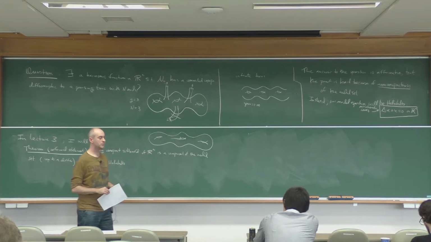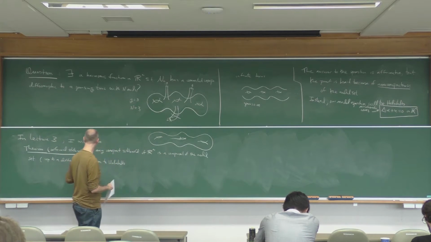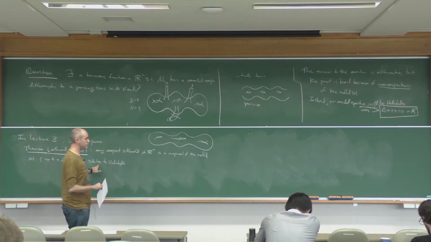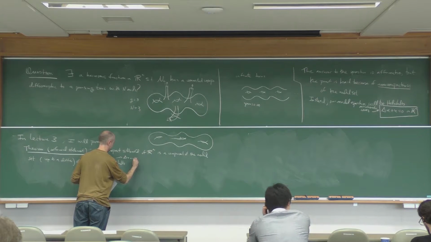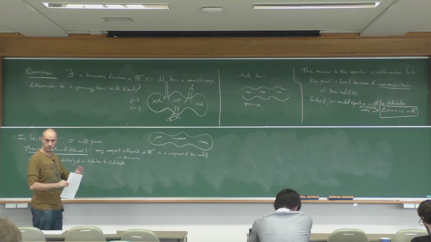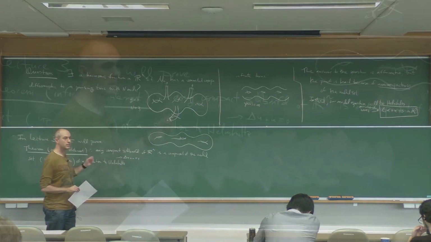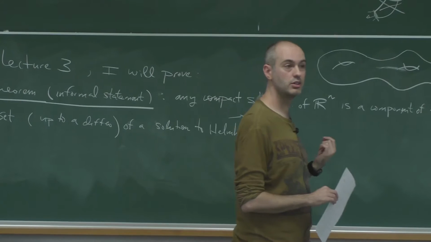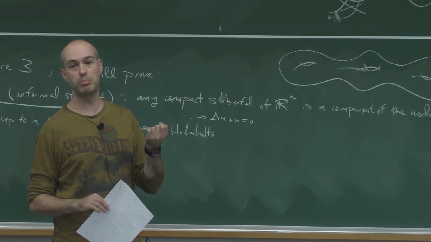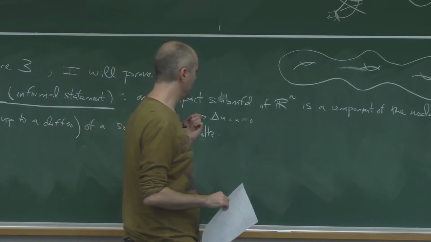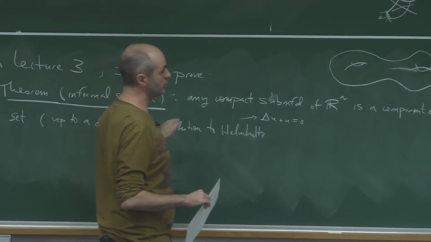Then there exists a solution to the Helmholtz equation, Laplacian of u plus u equals 0, defined on the whole Euclidean space, a global solution, such that if you look at the nodal set of the solution, the zero set, one of its components is diffeomorphic to this object.